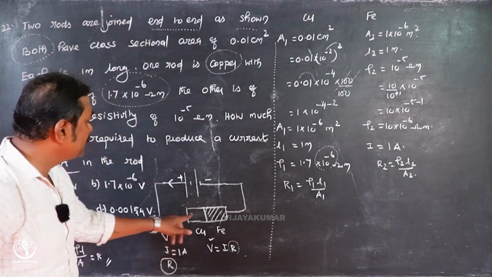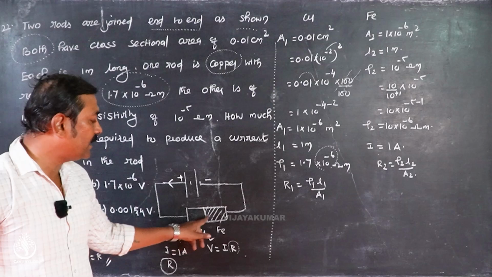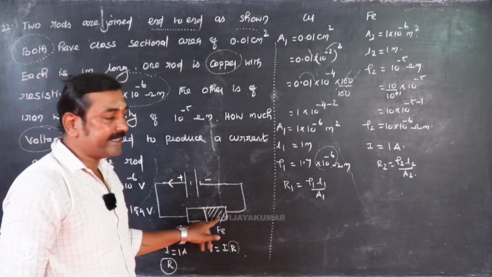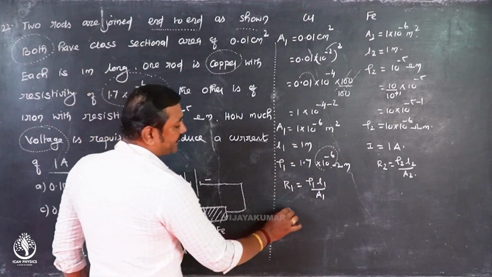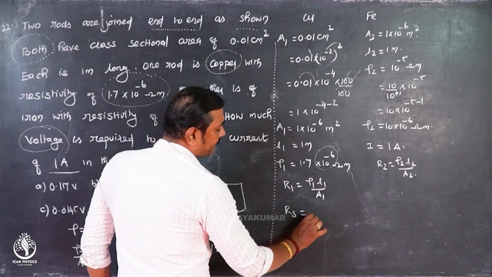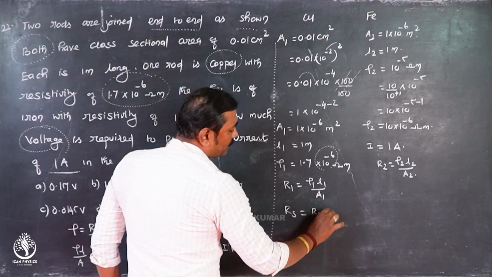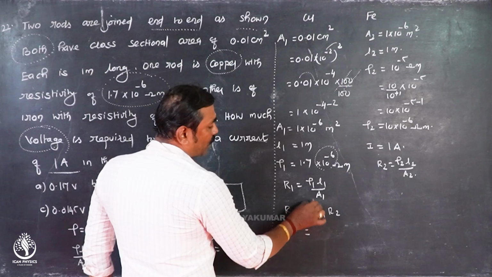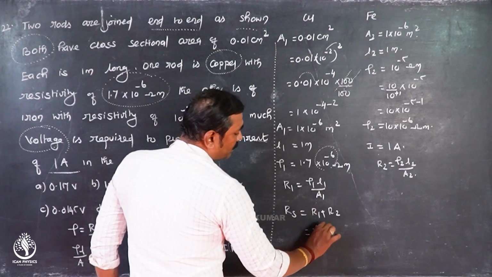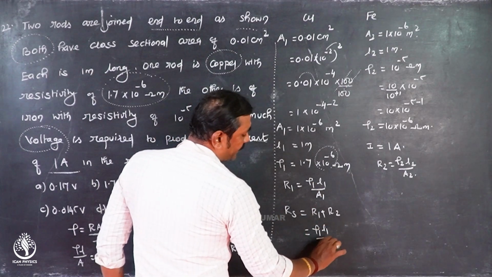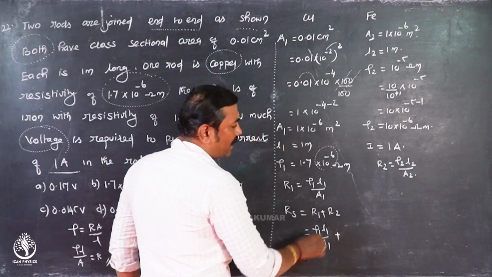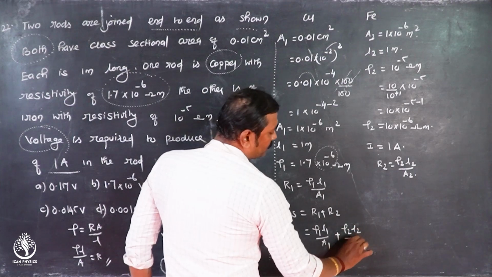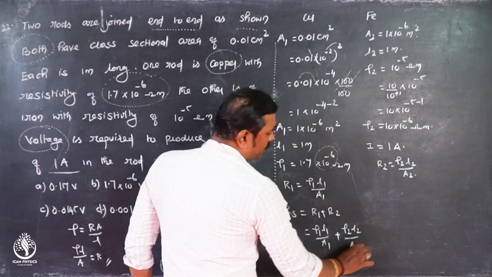These two, copper and iron, are connected end to end, that is, in series. When connected in series, Rs equals R1 plus R2. Now we can substitute the values: R1 is rho 1 L1 by A1 plus R2, that is rho 2 L2 by A2.